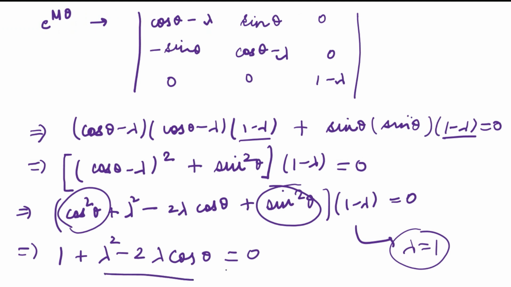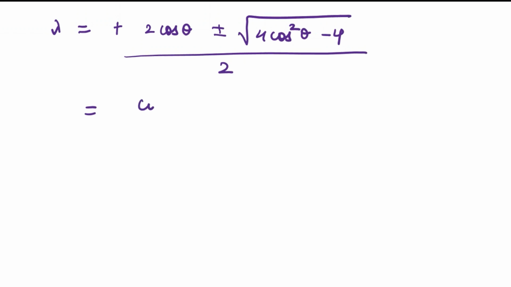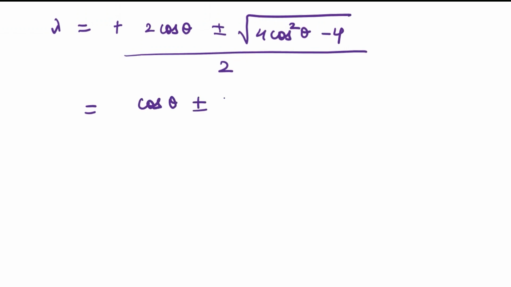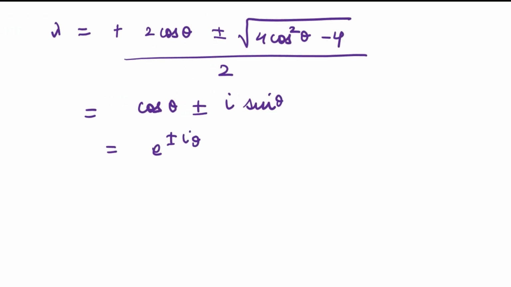So the eigenvalues will be 2 cos theta plus minus square root of b square minus 4ac, so 4 cos square theta minus 4, upon 2, which is cos theta plus minus iota sin theta, e raised to power plus minus iota theta.